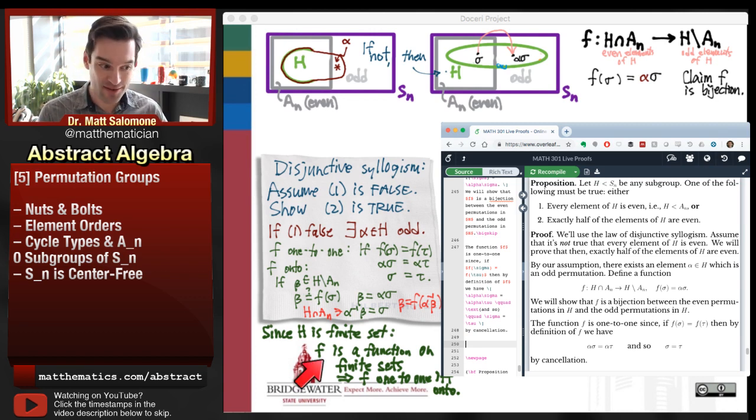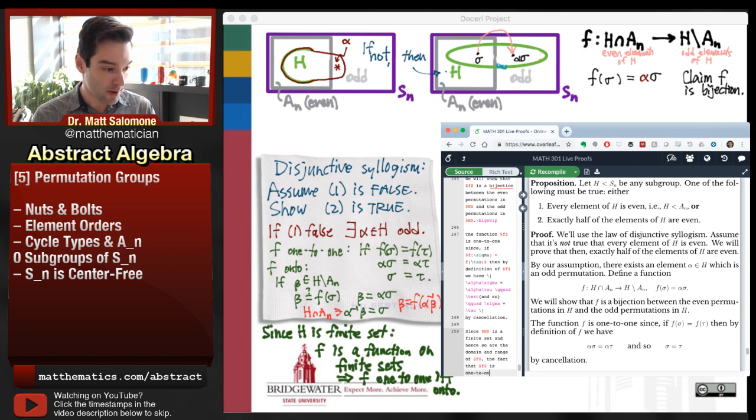I'm going to take this cheating way out here. Since H is a finite set, and hence so are the domain and range of f, the fact that f is 1-to-1 also guarantees that f is onto. Thus, f is a bijection as desired.